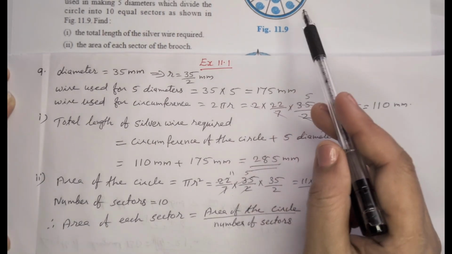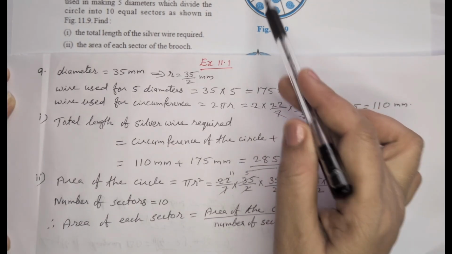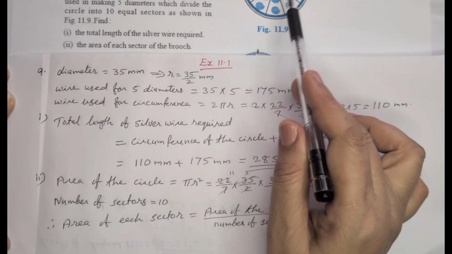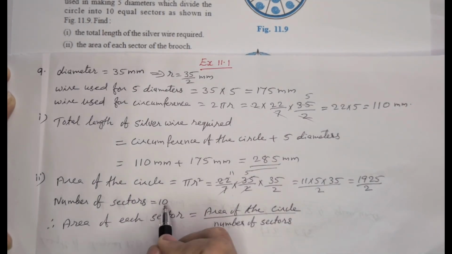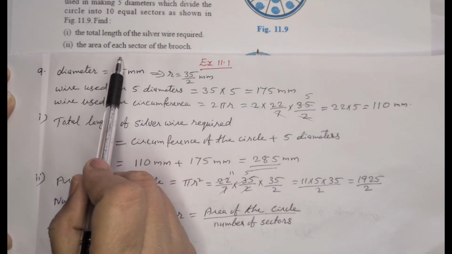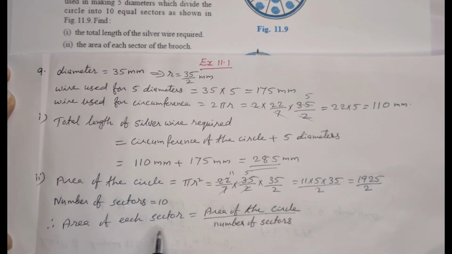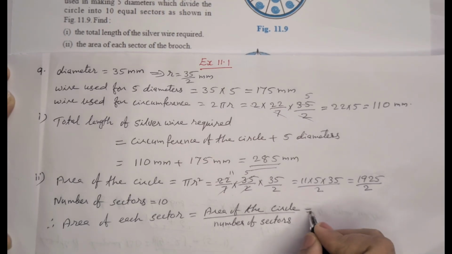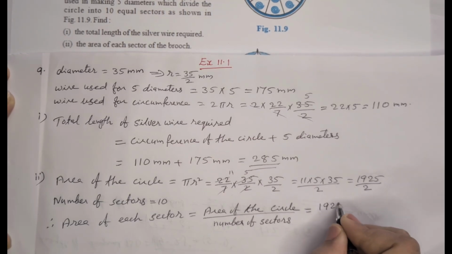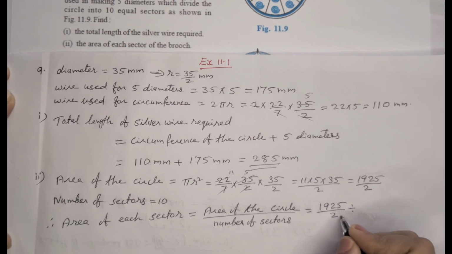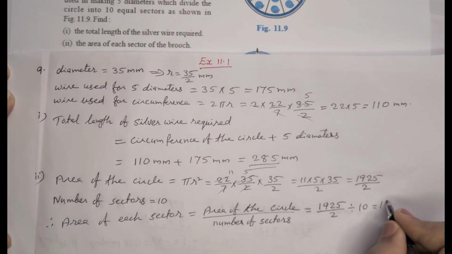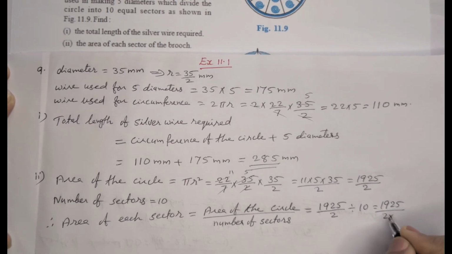5 diameters means 10 sectors are there: 1, 2, 3, like that. So we can write, therefore, number of sectors is equal to 10. Then the question: find the area of each sector. Area of each sector is equal to area of the full circle divided by number of sectors, which is 1925 divided by 2, divided by 10.